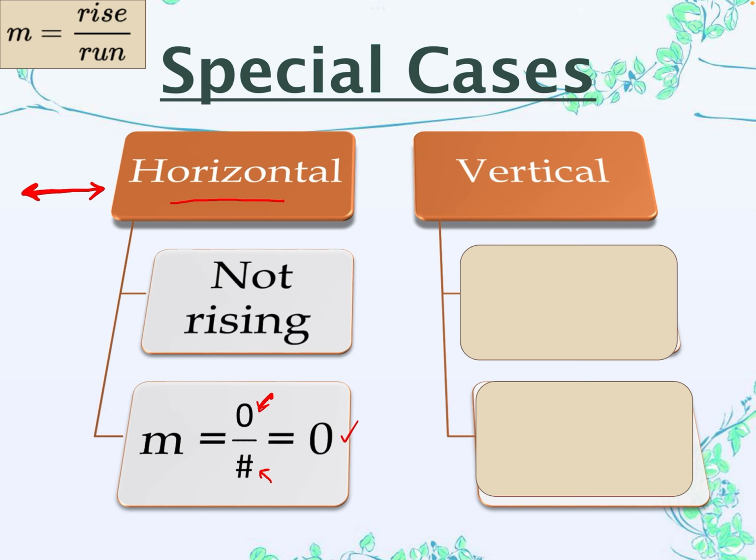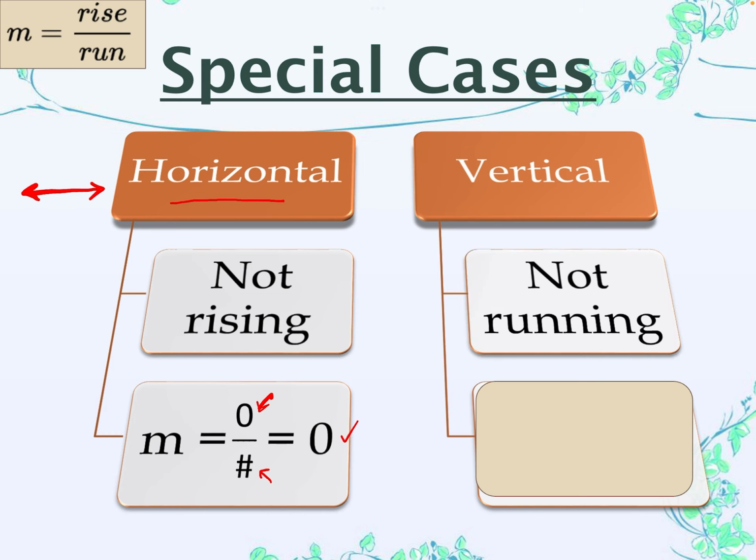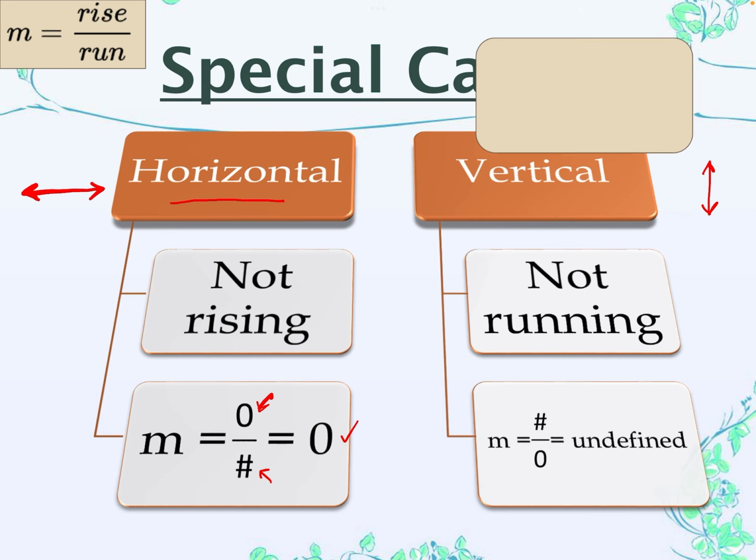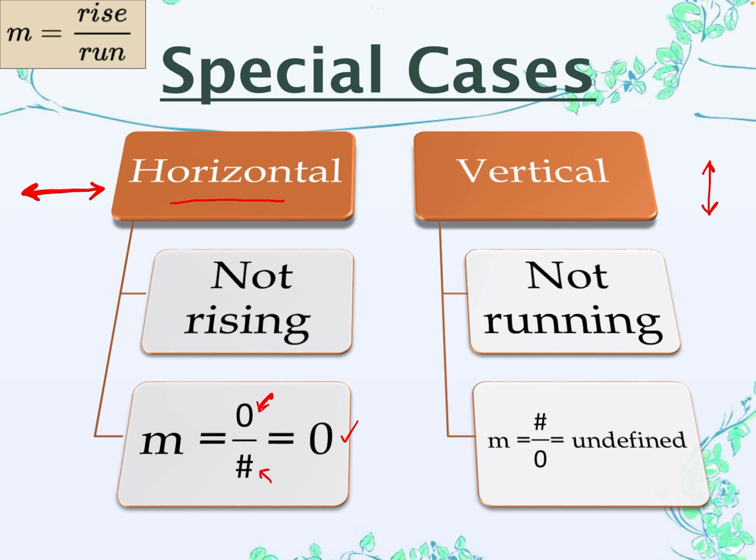Then a vertical line, this isn't running. So a vertical line, you can think of an elevator. An elevator doesn't go left or right, it only goes straight up, straight down. So when we think about the slope of that elevator or vertical line, we're rising some number up or down.